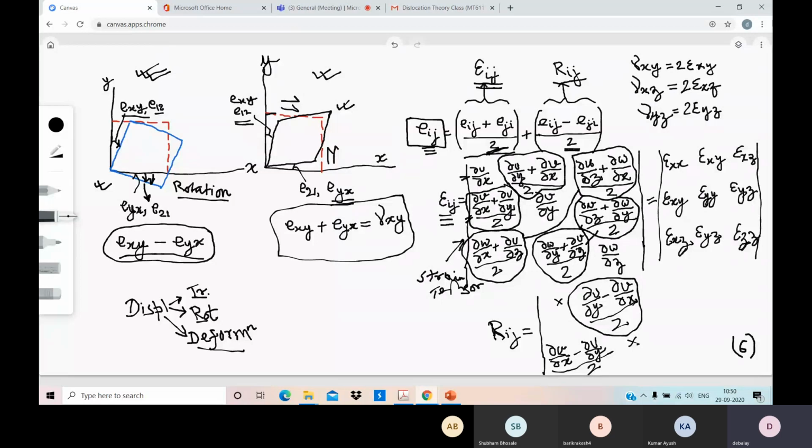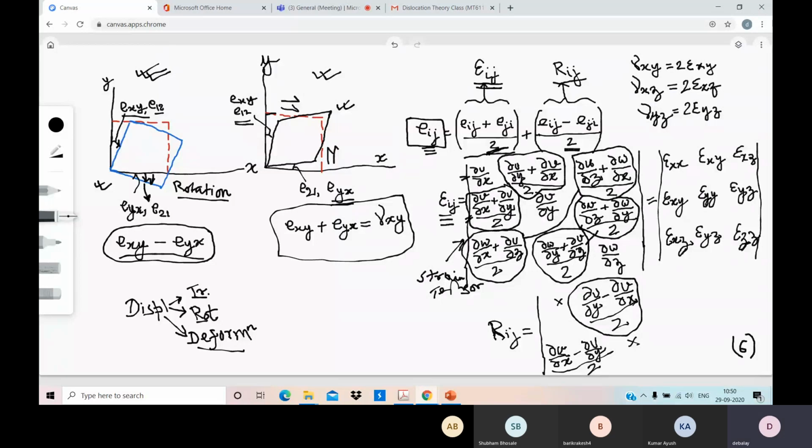Similarly, strain tensor is symmetrical, that's why stress tensor is symmetrical. So you have arrived at the right approach, that from this approach you are getting the strain tensor as a symmetrical tensor, and how it should be, because stress tensor is also symmetrical.